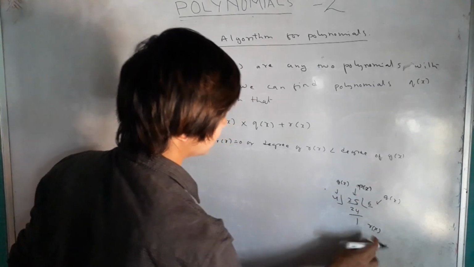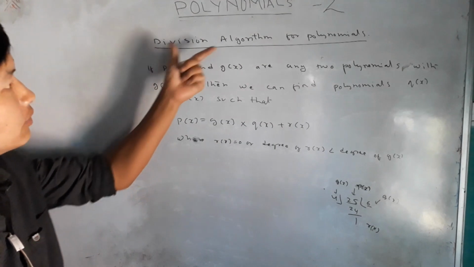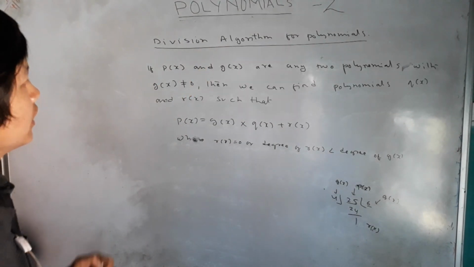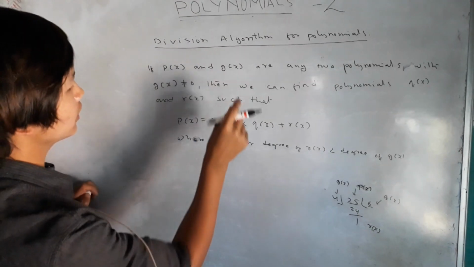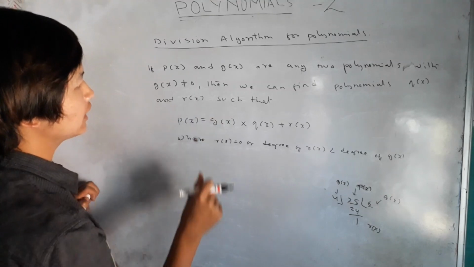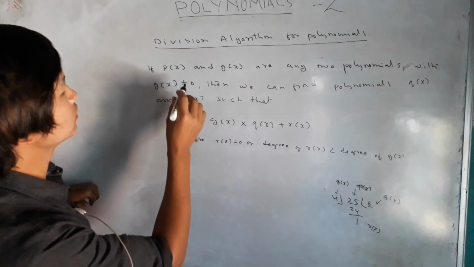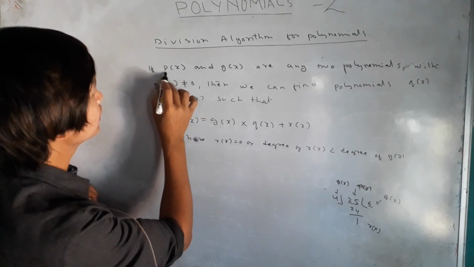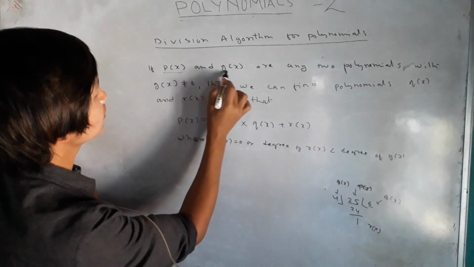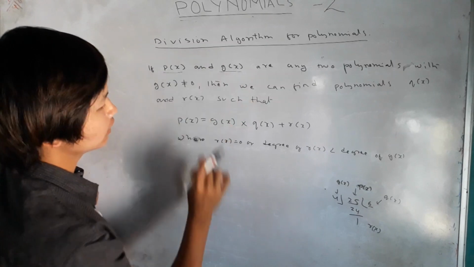You need to understand what the division algorithm for polynomials states: if p(x) and g(x) are two polynomials, then the degree of p(x) must be greater than the degree of g(x).